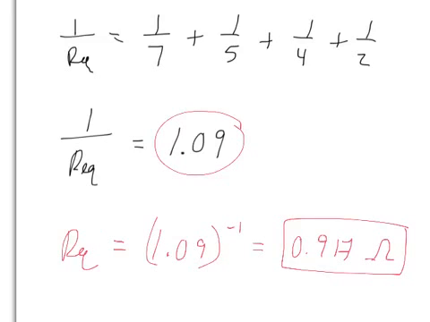And this is really interesting to notice. Earlier, when we found the equivalent resistance in series, it was a value of, I think, 28 ohms, or 18 ohms rather, which is a much larger value than any of the values we started with for each of the resistors. But here, the equivalent resistance is suddenly much, much less. And notice that this equivalent resistance here is less than all of these original resistors.